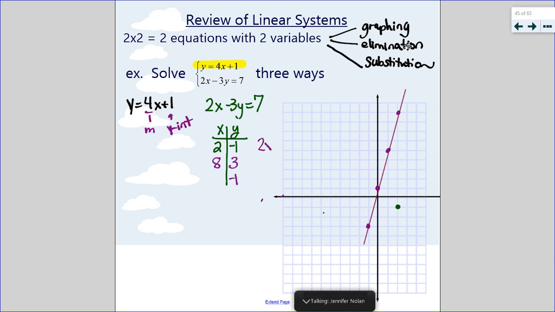So 2x minus 3 times negative 1 equals 7. Picking negative 1 for y. So 2x plus 3 equals 7. Ooh, this is going to be a nice one. 2x would equal 4 by subtracting 3 on both sides. Divide by 2, x is 2. So 2 comma negative 1.